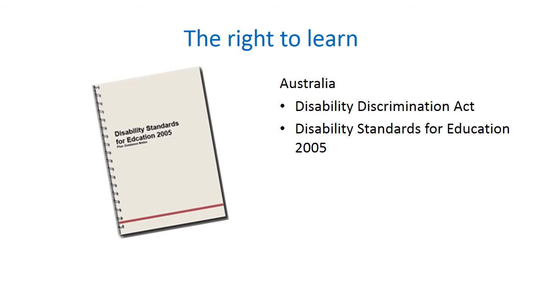So to assist teachers and other education professionals to understand their obligations under the DDA, we produced the Disability Standards for Education, dated 2005. There has been a review of the DSE, and as far as we're aware, they have yet to release the revisions. So these are still the standards that we have.